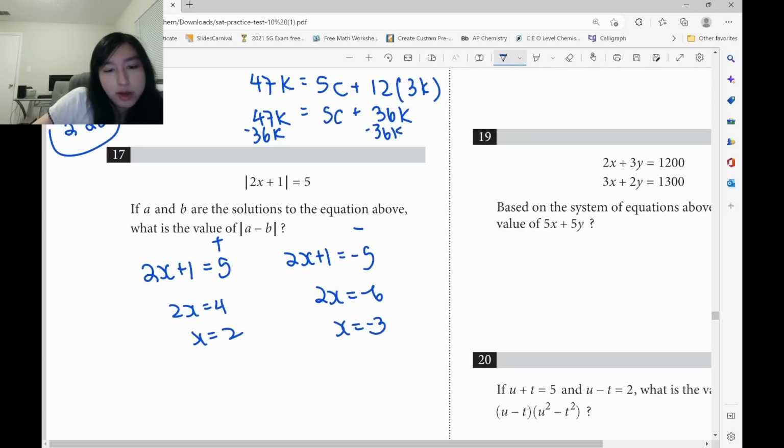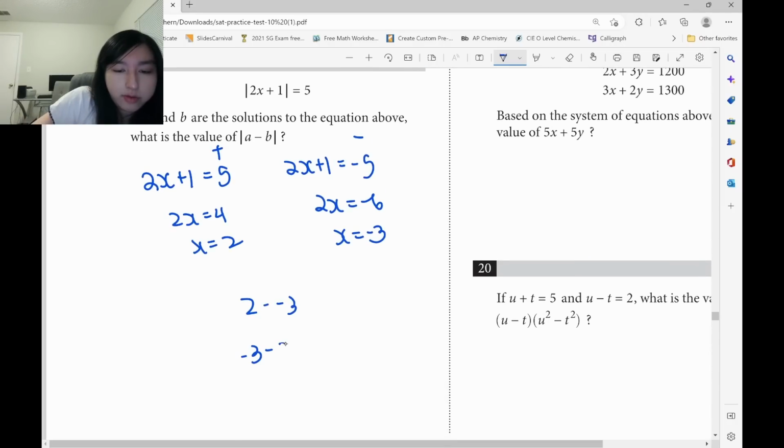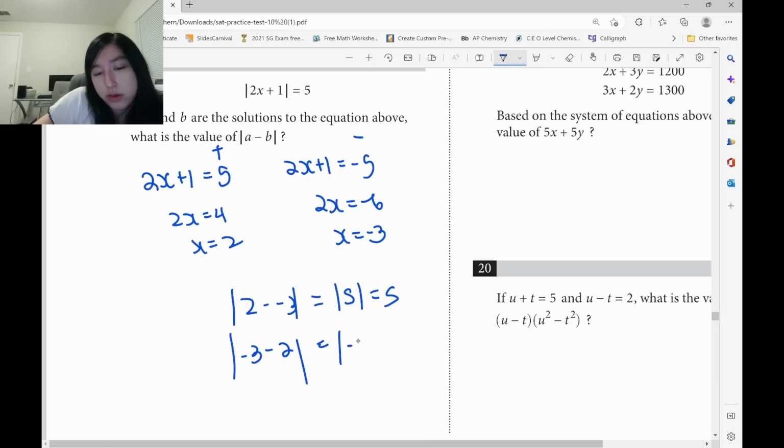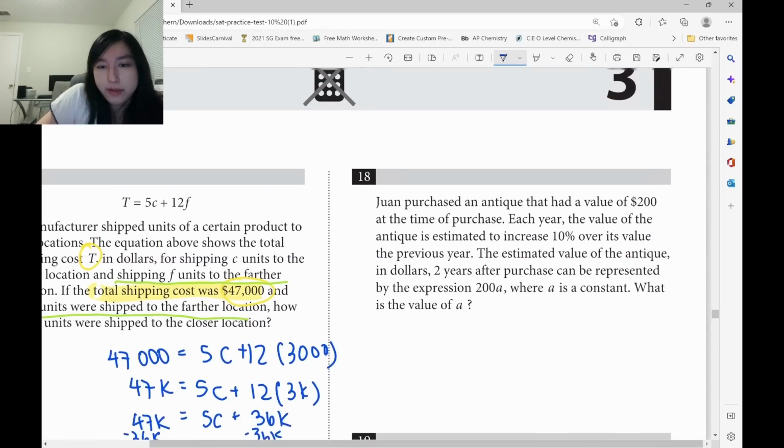Now you're going to ask me, how do you know, is it 2 minus negative 3 or negative 3 minus 2? Well, the absolute value sign makes no difference, because one you get absolute value of 5, which is positive 5. The other one you get absolute value of negative 5, which also gives you positive 5. So either way, your answer is just going to be 5.